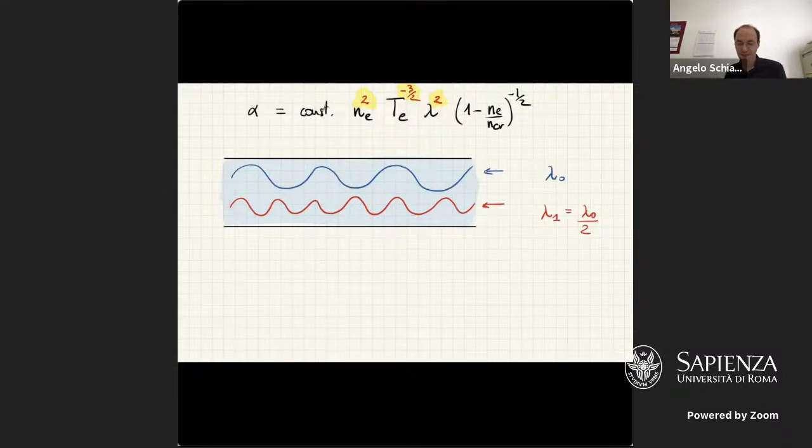Suppose we have a given density for our reference plasma, and let's suppose that the plasma is uniform.